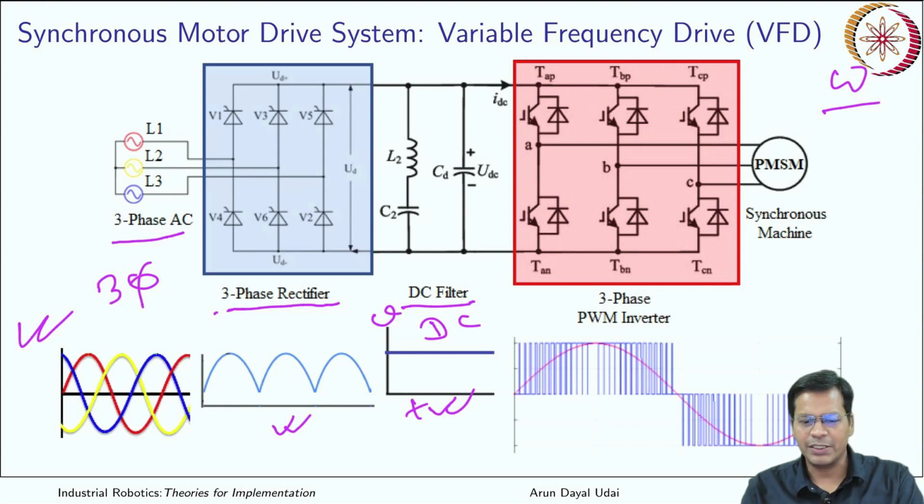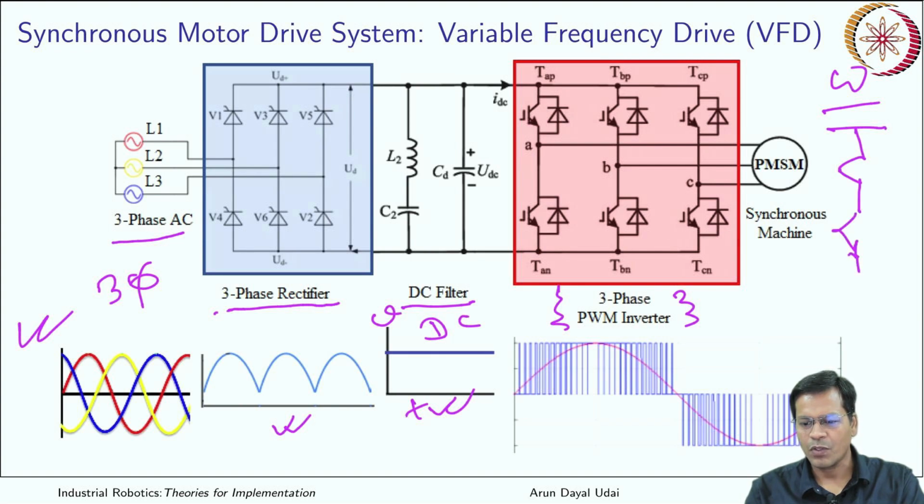With this DC supply, you now have a three-phase inverter over here. If you remember, we have talked about this kind of switches, where you have two switches, A and A bar, that used to switch the polarity which is here.